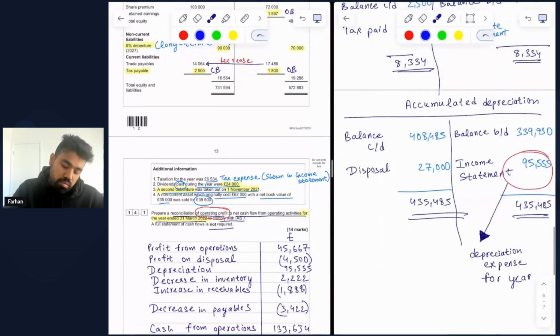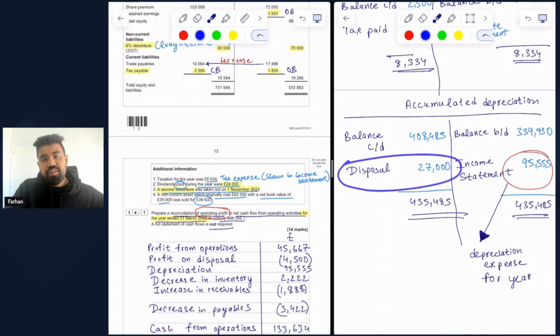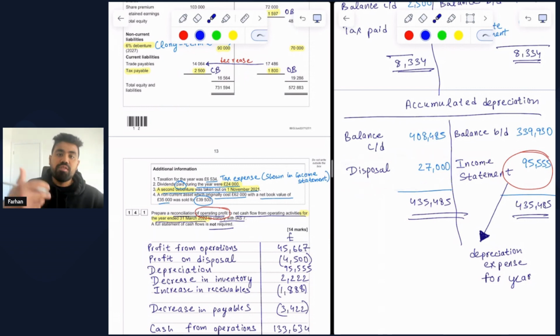This is what will need to go into the accumulated depreciation T account. So why is this on the debit side though? Because this is an asset that we are getting rid of from the books. If accumulated depreciation by default has an opening balance on the credit side, anything that reduces this accumulated depreciation needs to be shown on the debit side.